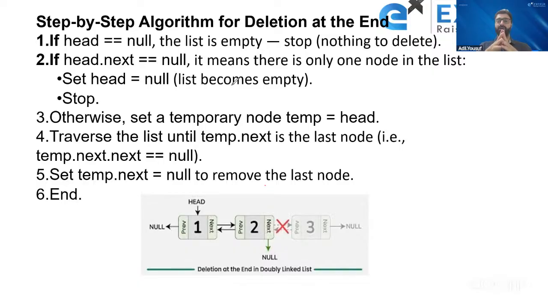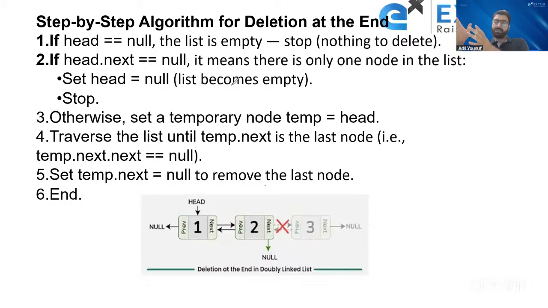So for that, I will use a temporary pointer temp, and this temp will start at head, right? We will keep moving this temp forward. Initially it was temp, now temp dot next is the first node, temp dot next the second node, temp dot next the third node, and like this up to the eighth, ninth node.